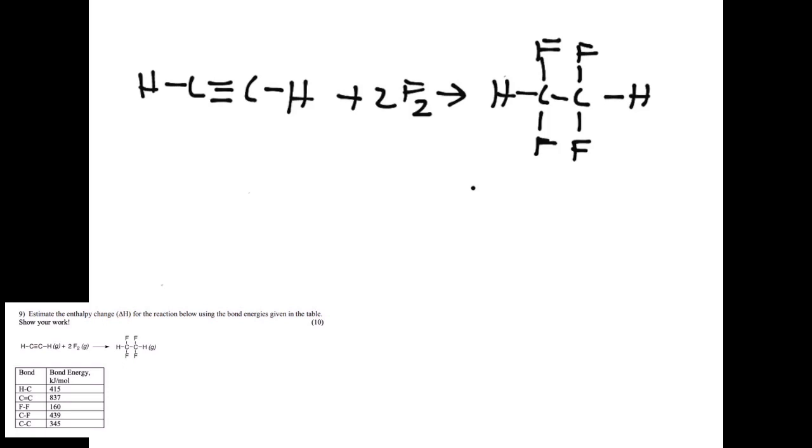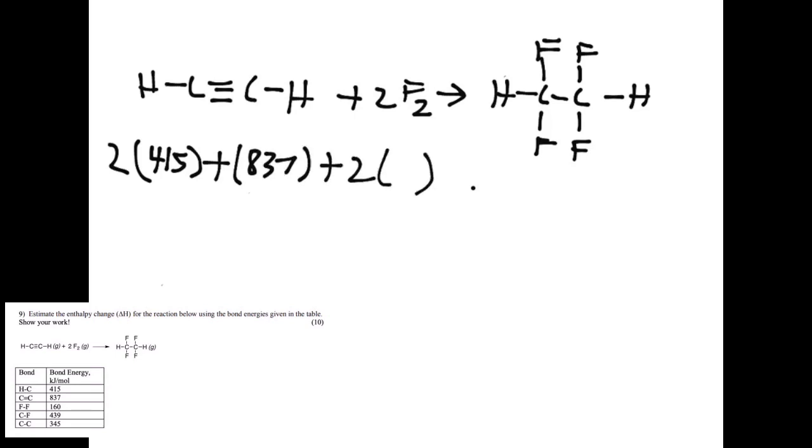We have a C triple bond C, and we have two bonds that are both the same. They're both CH bonds. So it's 2 times the amount of energy in a CH bond, which is 415, plus the amount of energy in a C triple bond C, which is 837, plus 2 times the amount of energy in an FF bond, which is 160.